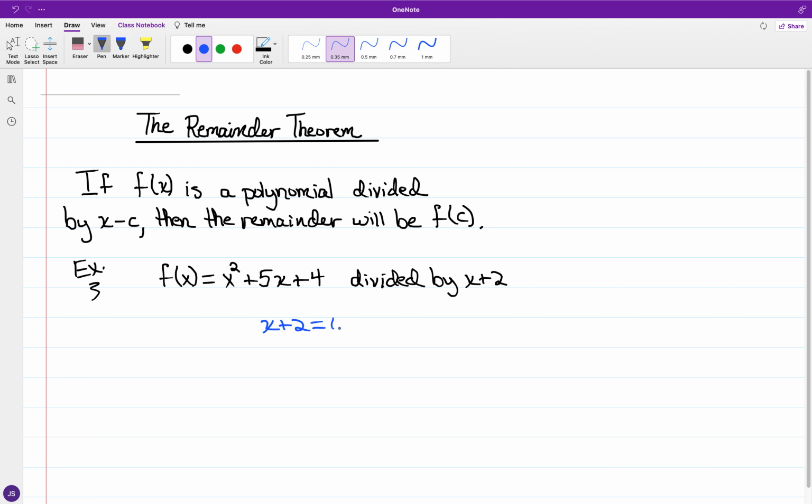If we work with the 0 of this divisor, if x plus 2 is 0, we have x is equal to negative 2.